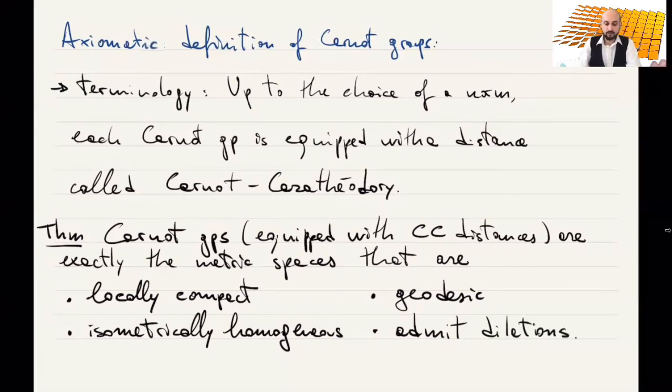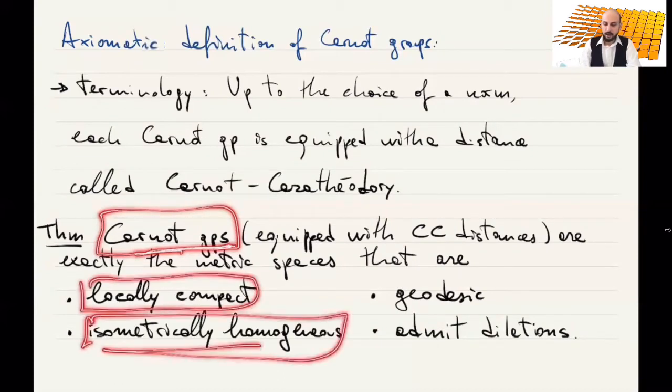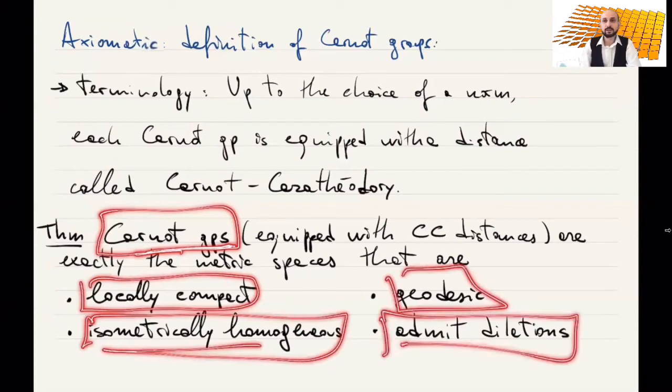Okay, you might not have understood anything from this theorem because maybe you don't know any of these terms, but what you have to understand immediately is that these objects that we would like to study are metric spaces that satisfy 4 pretty simple to state properties. These are very basic properties for metric spaces, and as soon as you ask for all 4 of them, then you have the object that we will call Carnot groups.